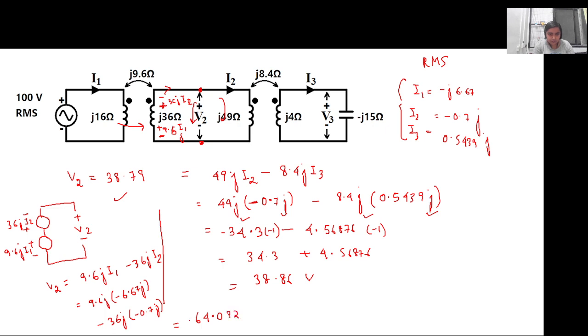Which comes out to be 64.032. This will be minus, and there is the multiplication of j into j squared, which is equal to minus 1. Then 36 into 0.7 is 25.2. Again, this negative sign and this negative sign will make this positive, and j squared is equal to minus 1.